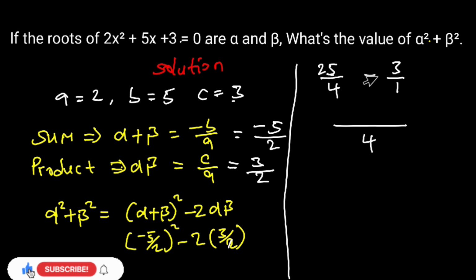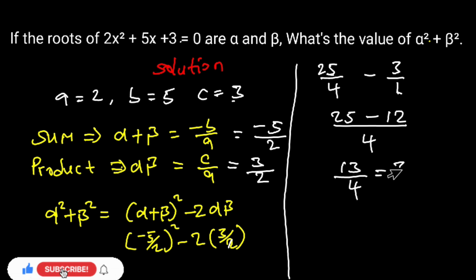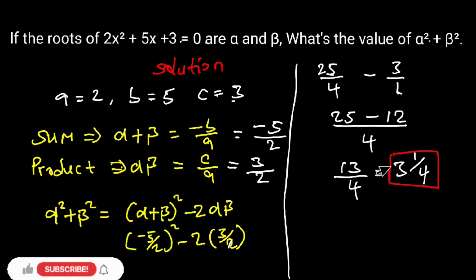Then we have 25 times 1 is 25, then minus 3 times 4 is 12. So 25 minus 12 is equal to 13 over 4. If you change this to a mixed number, it's going to be equal to 3 whole number 1 over 4, because 13 divided by 4 will give you 3, then remainder 1, then over 4. And so this is the answer to this question.